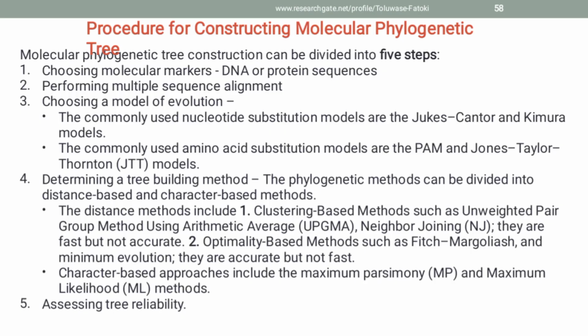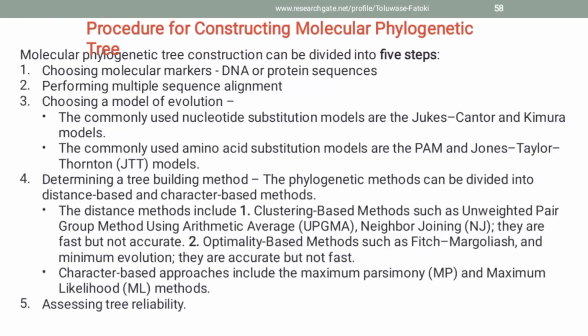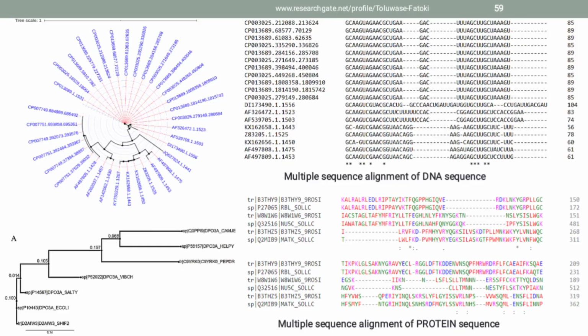So you have to assess the tree reliability by subjecting it to iterative assessment, to see if after you construct different models of that particular tree, like 100 times, you still get the same tree pattern. For you to do that, there is a particular method that I will explain later.